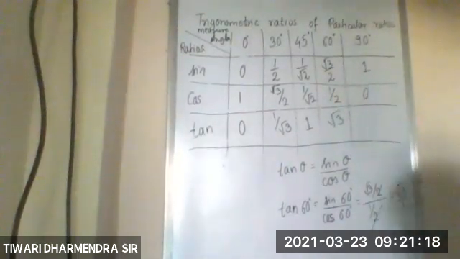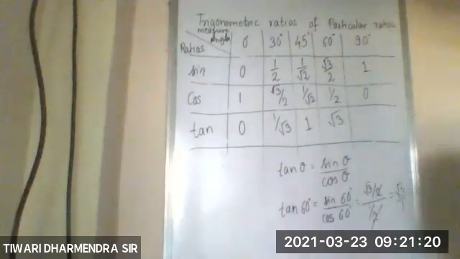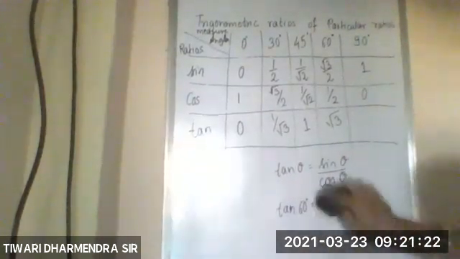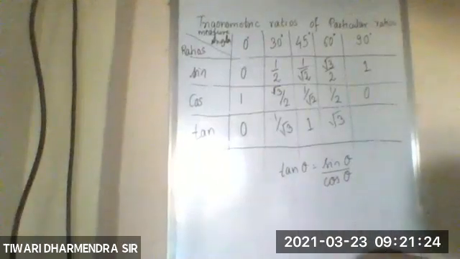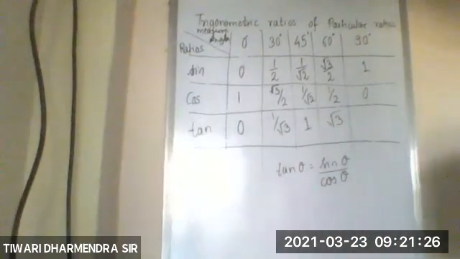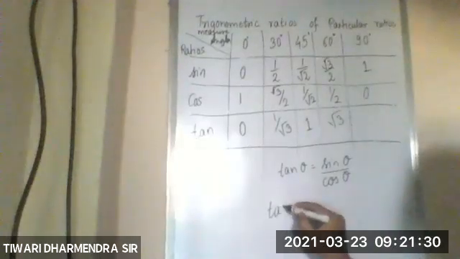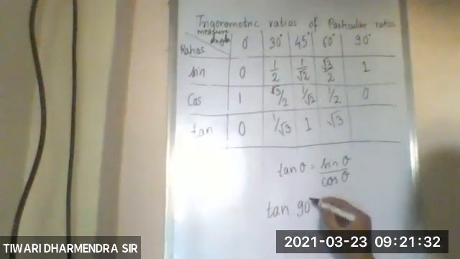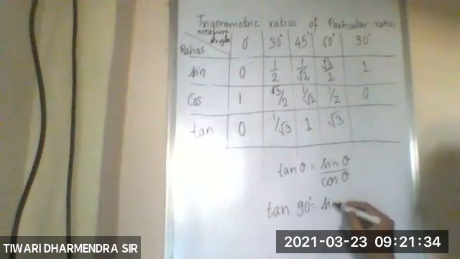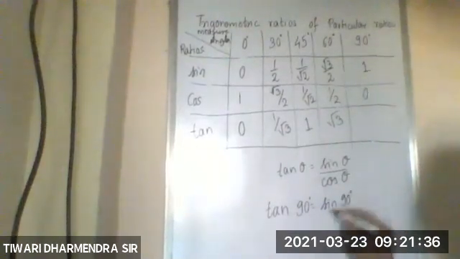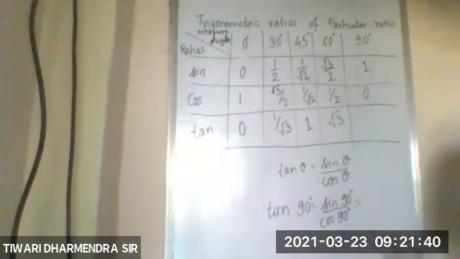And last, that is tan of 90 degree. Tan of 90 degree is equal to sine of 90 degree divided by cos of 90 degree.